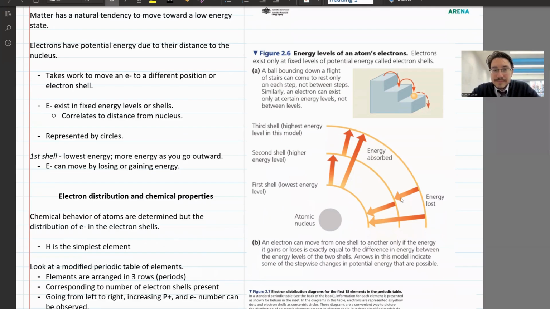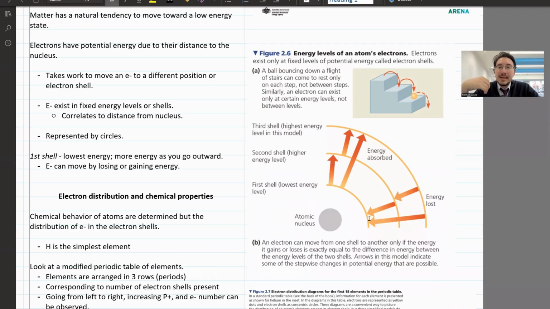As you see here, you have the atom, you have the nucleus, you have that first energy level, or the first shell, and then a second energy level and a third energy level. As you go down to lower energy levels, you tend to lose energy.